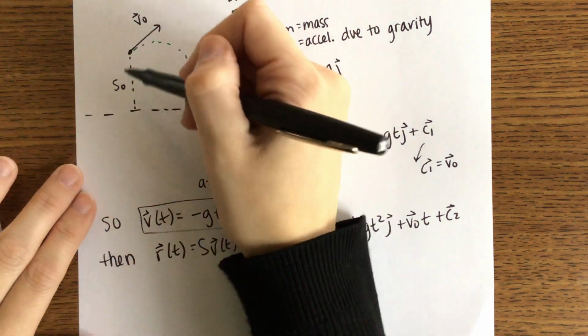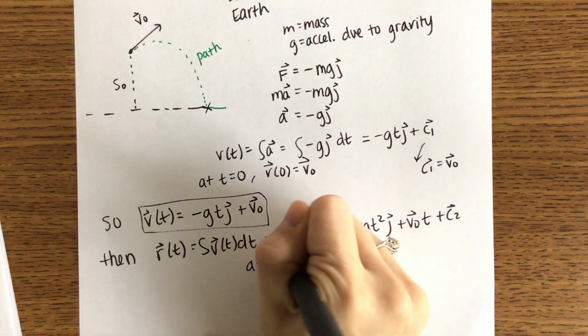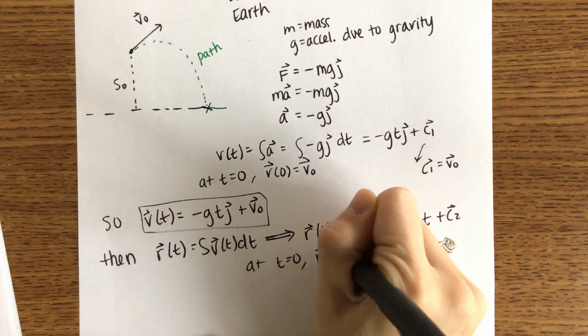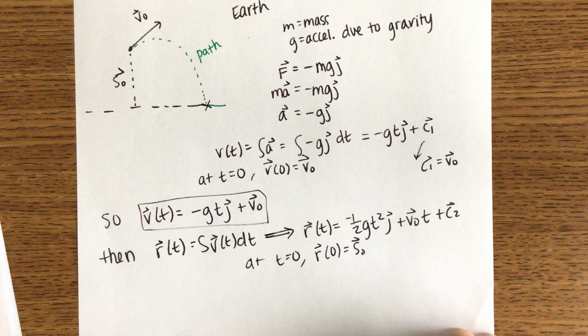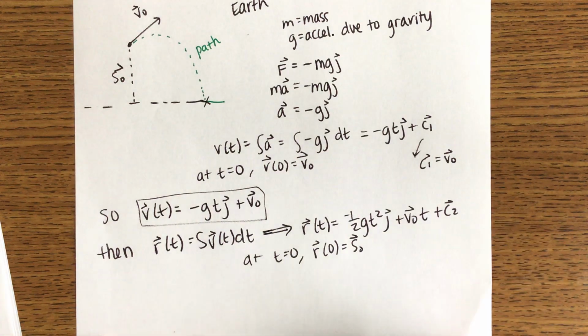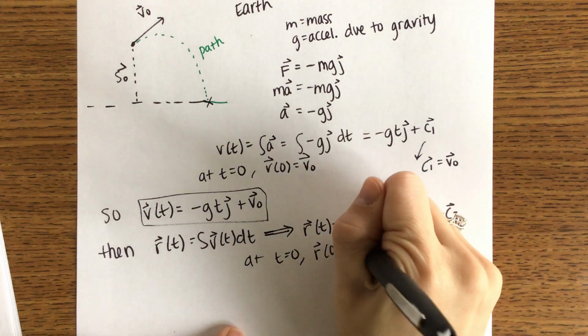Now we're going to need to use that initial position. We know at t equals 0, the initial position is s sub 0, which is actually a vector. I'm going to write it like that.